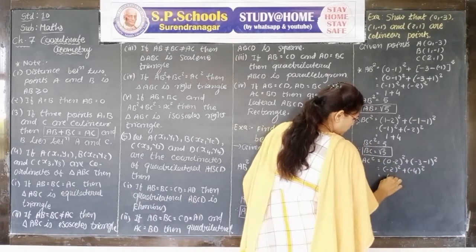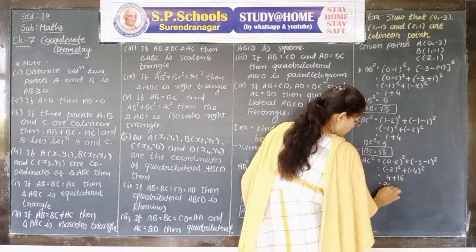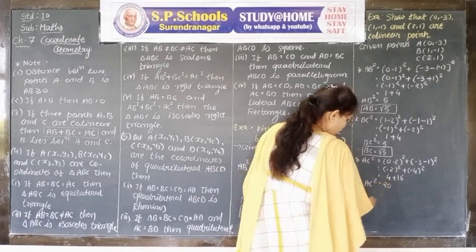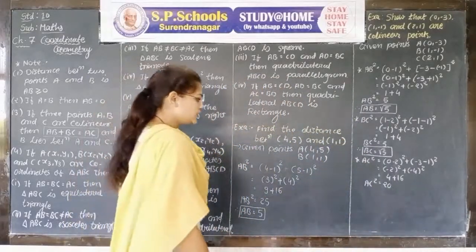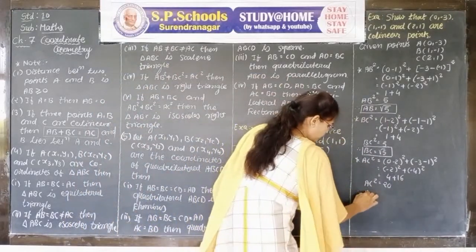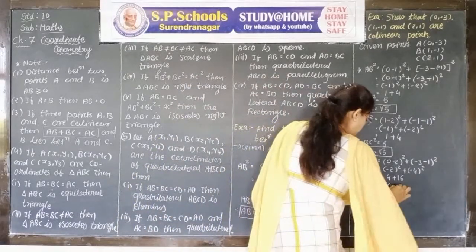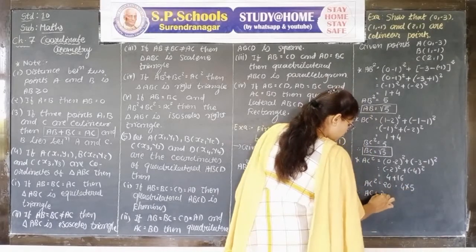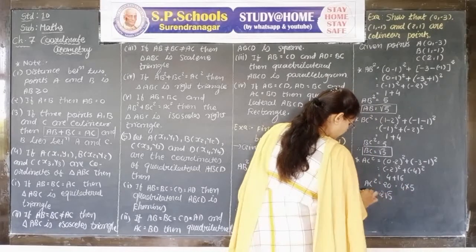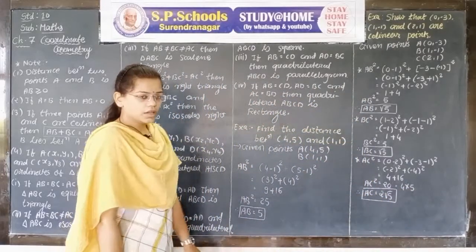Minus 2 square is 4 and minus 4 square is 16. 16 plus 4 is 20. Here AC square is equal to 20. Therefore AC is equal to the square root of 20. Instead of 20, 4 times 5, the square root of 4 is 2, and root 5. AC is equal to 2 root 5.